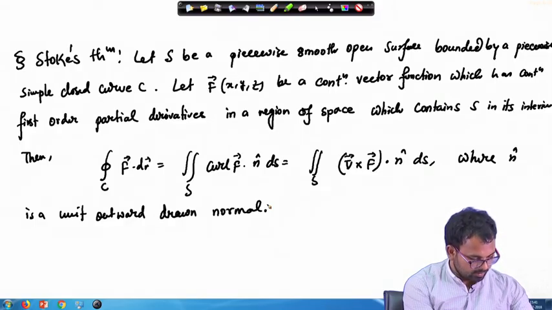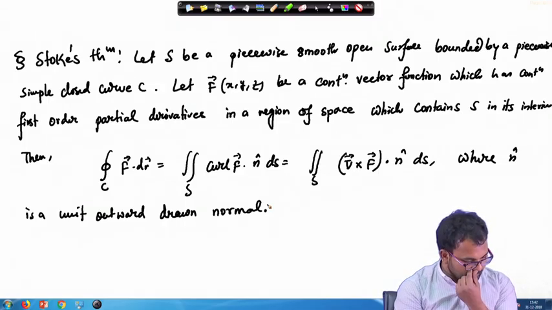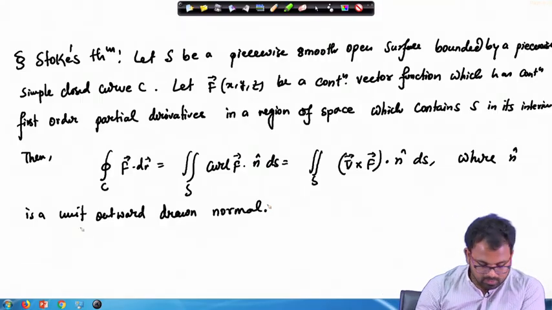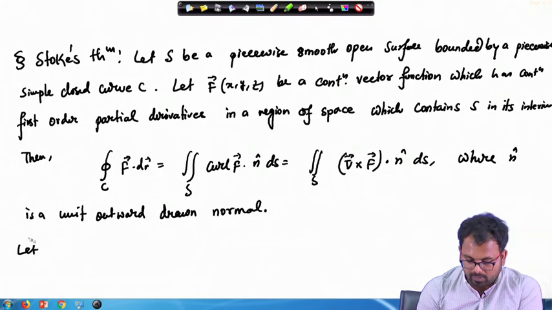If I write it in a Cartesian form, then we can write it in an alternative or a different form basically.